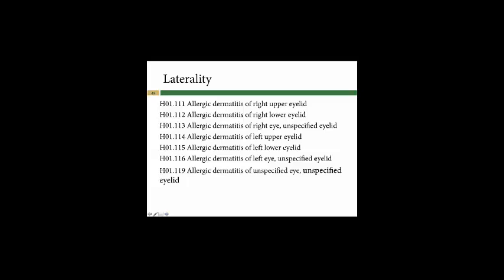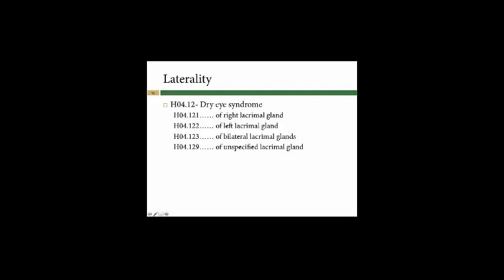Most of them in the eye chapter do, but not all of them. Here we have laterality for the dry eye syndrome: right, left, bilateral, and unspecified. So there's an example of where we do have both codes in the system.